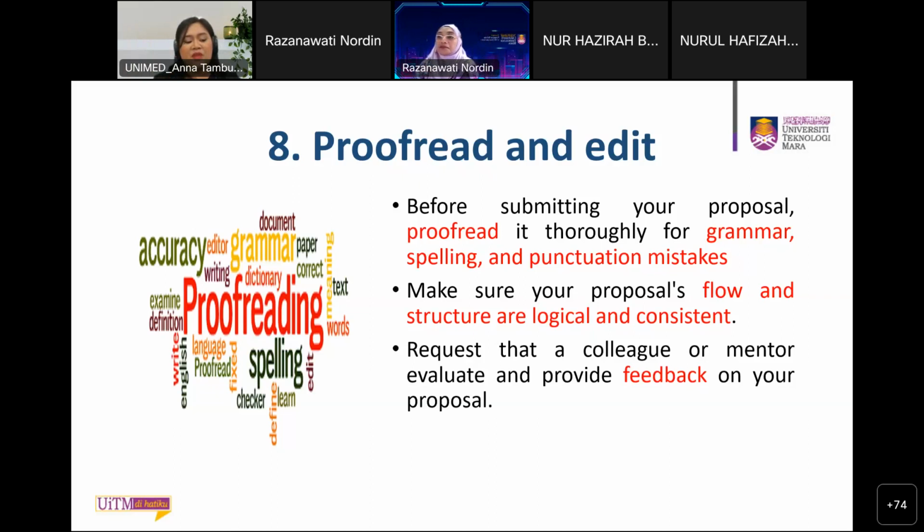Sometimes we need somebody else to read our proposal, so we can minimize the mistakes. Before finalizing your proposal, you may carefully proofread it for grammar, spelling, and punctuation errors.